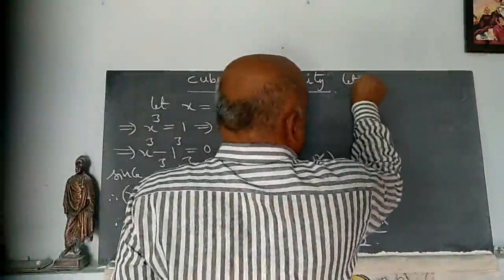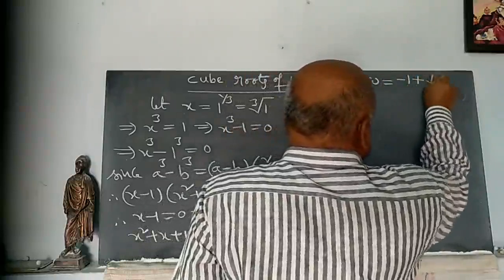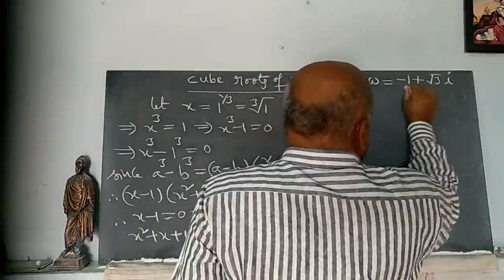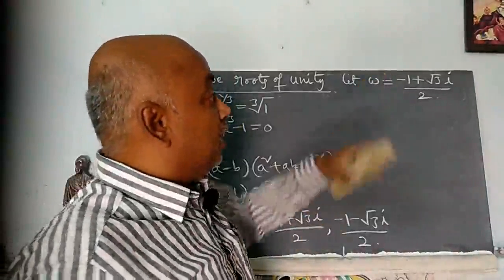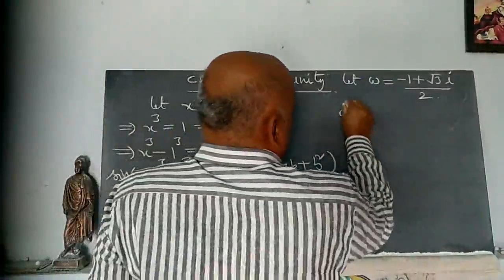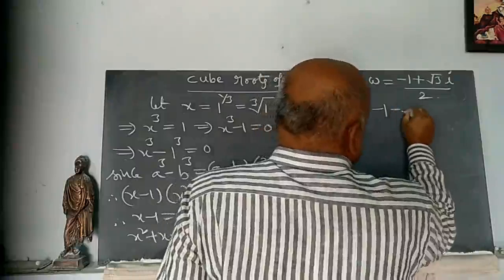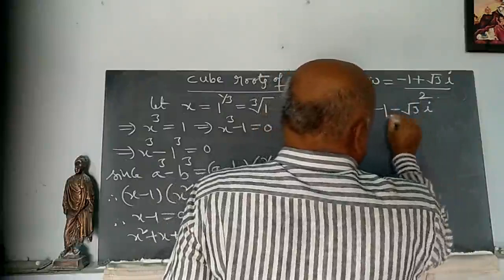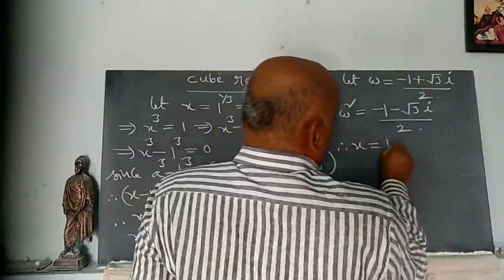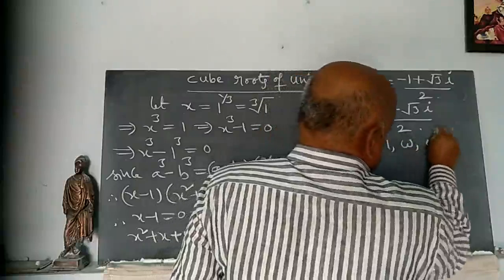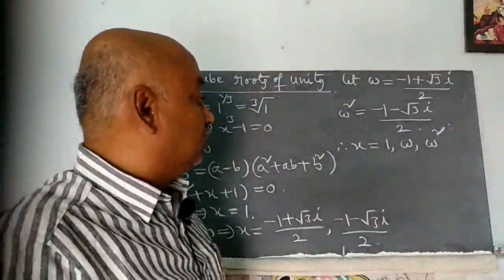Let omega equal (minus 1 plus root 3 i) by 2. If you square this omega, you will get the other root, (minus 1 minus root 3 i) by 2. Therefore, x equal to 1, omega, omega square are the cube roots of unity.